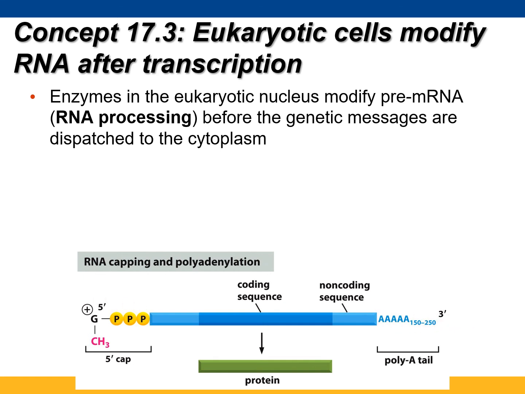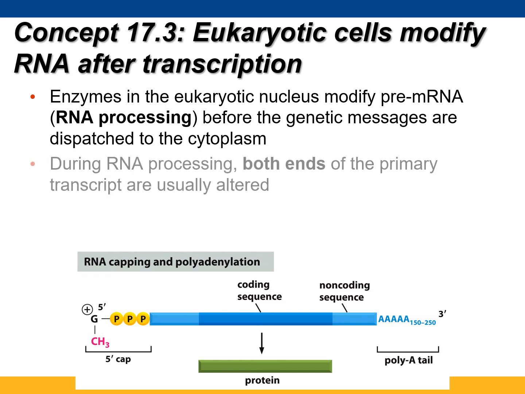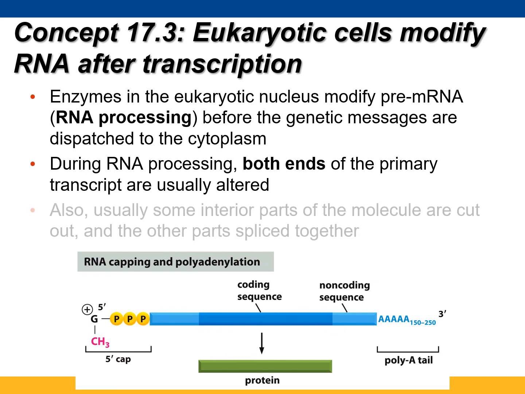And these cap and tail prevent the nucleases from degrading the mRNA. So both ends are usually modified. If it's an exceptionally short-lived mRNA, then they won't modify it, but most transcripts need modification in order to survive long enough to have proteins synthesized from them.